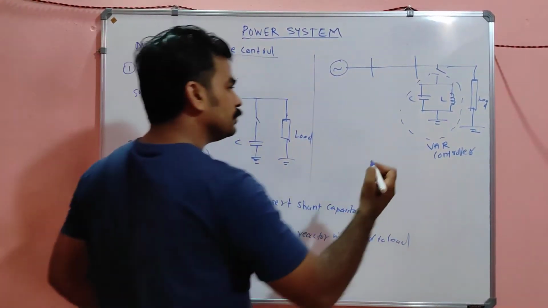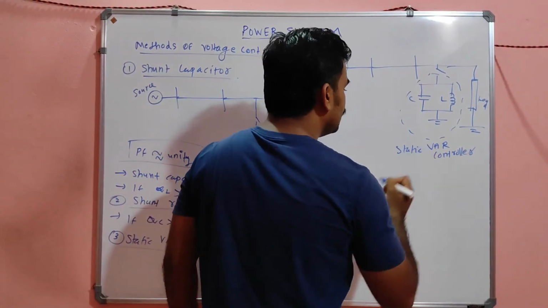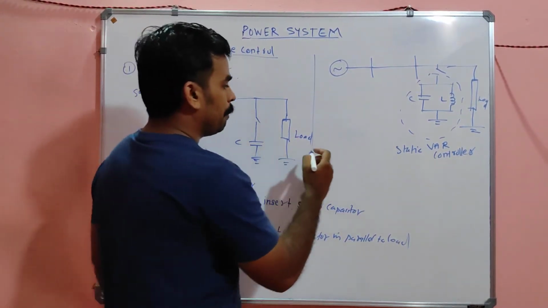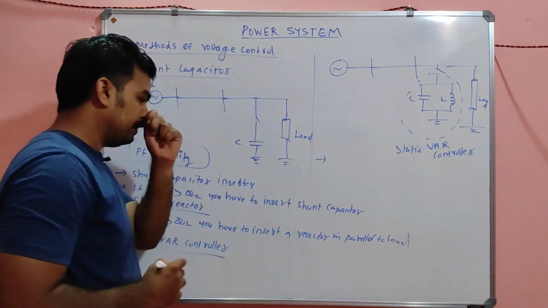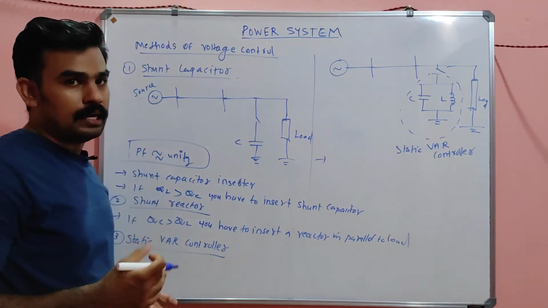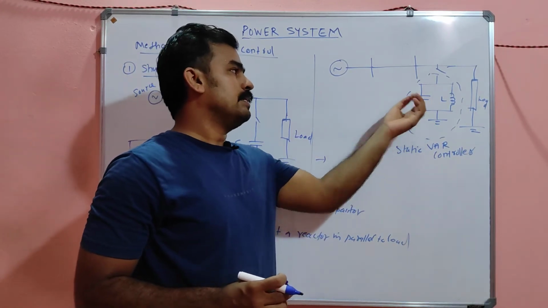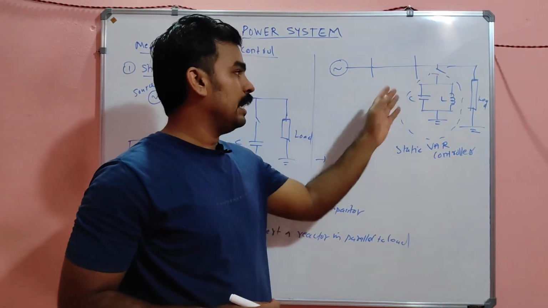So, static, no issue. Static VAR controller means nothing. Here we are using a controller, that means controlled. A circuit contains L and C, my dear. A circuit containing L and C.